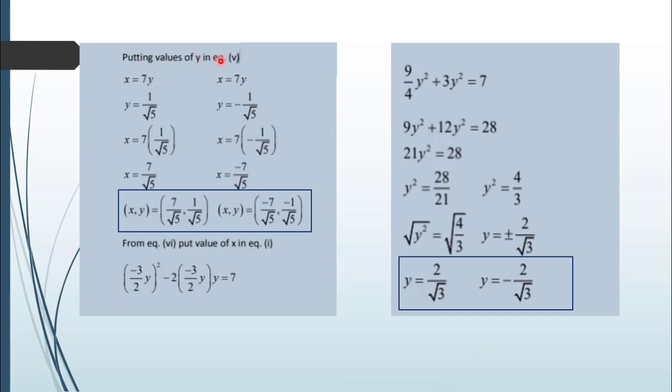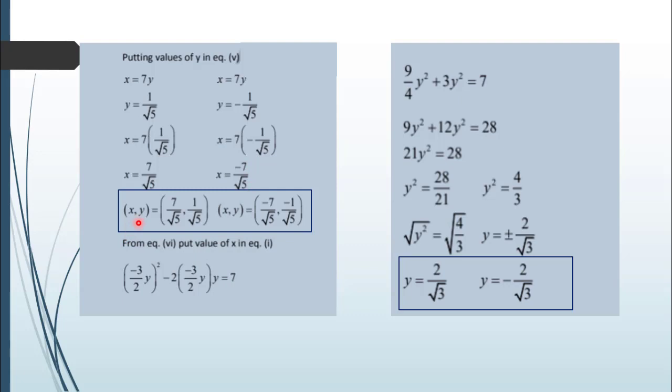Putting these values of y in equation 5, that is x is equal to 7y. Putting y is equal to 1 over square root of 5, we get x is equal to 7 over square root of 5. And when we put y is equal to minus 1 over square root of 5, we get the value of x as minus 7 over square root of 5.